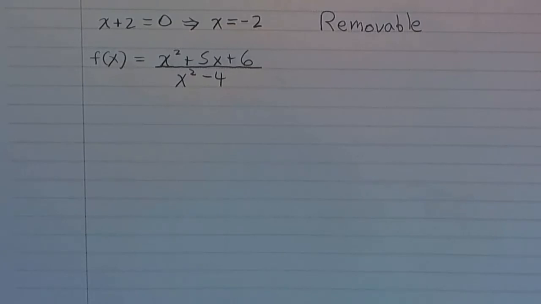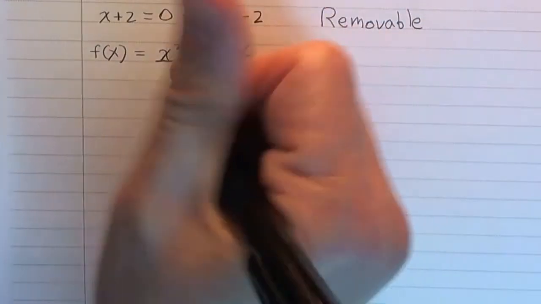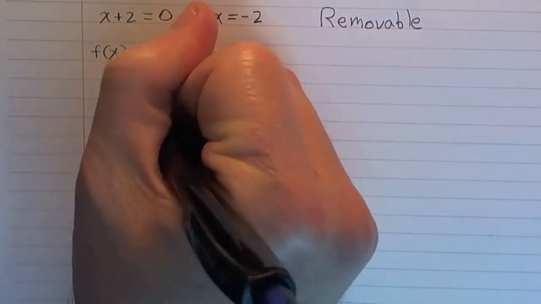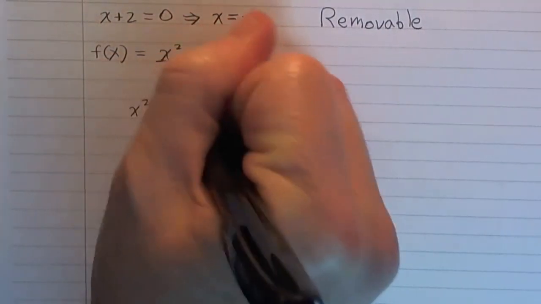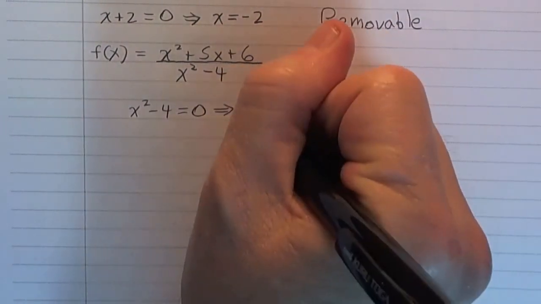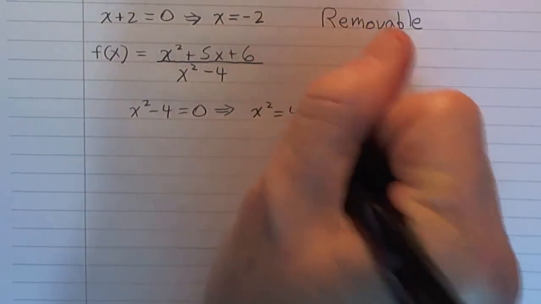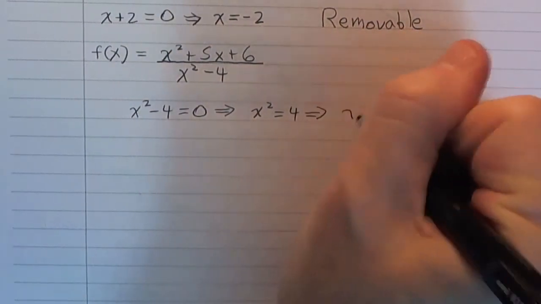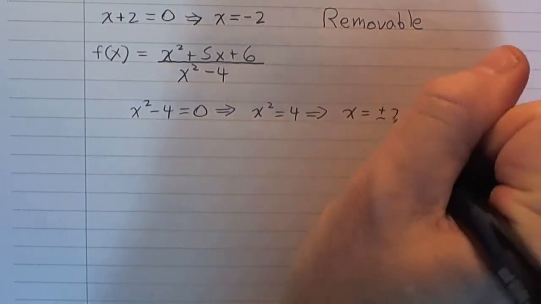Now, once again, we want to set the denominator equal to 0 so that we can find the discontinuity. So I'm going to take the x squared minus 4, set it equal to 0, and solve it. And of course, when we do that, we get x equals plus or minus 2.